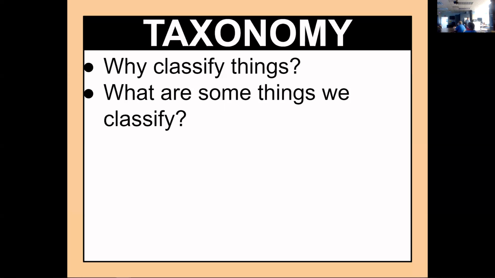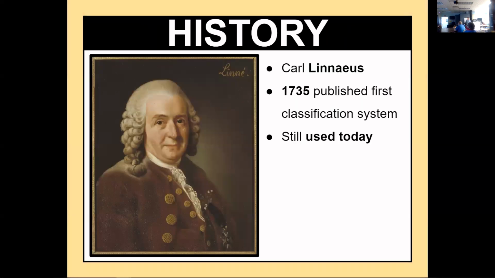Moving on. All right, a little bit about the history. This guy, Carl Linnaeus, back in 1735, published the first classification system, and it's still being used today. About 285 years ago, this guy wrote a book that said, hey, we should probably classify all these new animals and plants that we're discovering, and here's a system that I like to use.